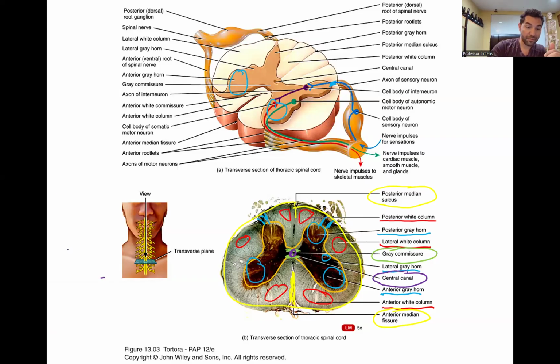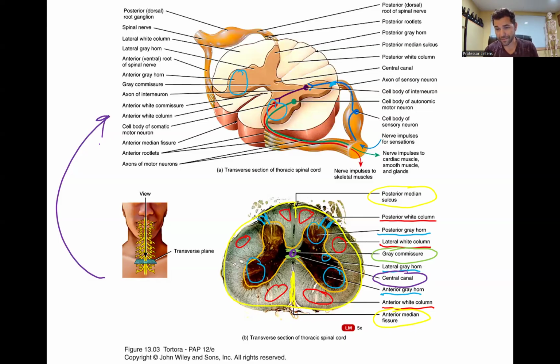So you can also utilize this picture up here to see it more cartoony. Big picture, we have gray matter. It has specific horns, be able to recognize the anterior, posterior, and lateral. The white matter, which surrounds the outside of the spinal cord, is made of columns, respectively an anterior, lateral, and posterior column. In those columns, we're going to have neurons that are running up and down the spinal cord.